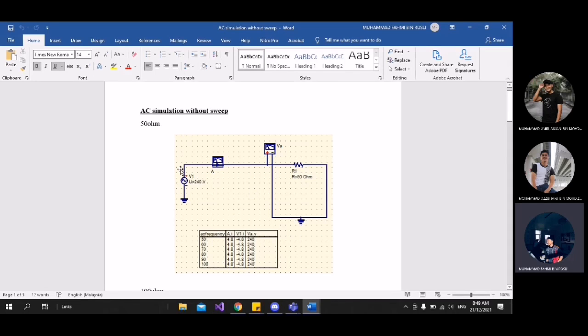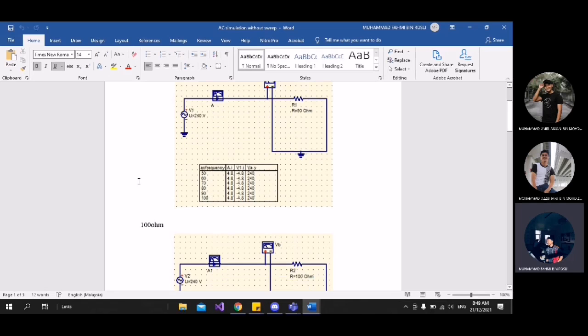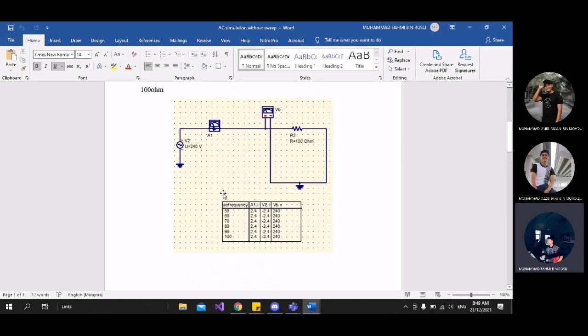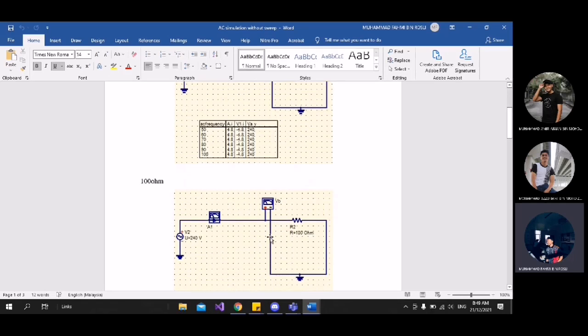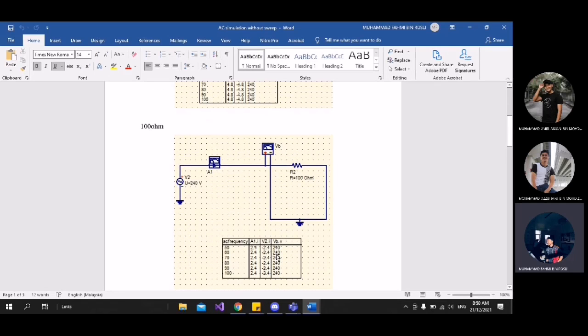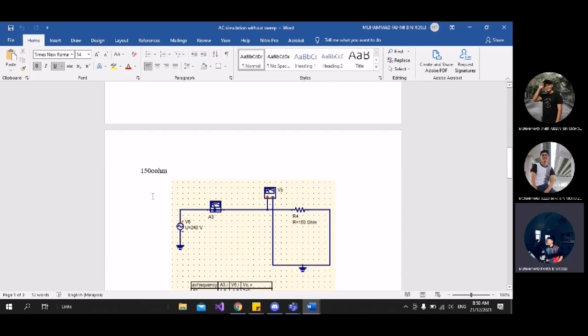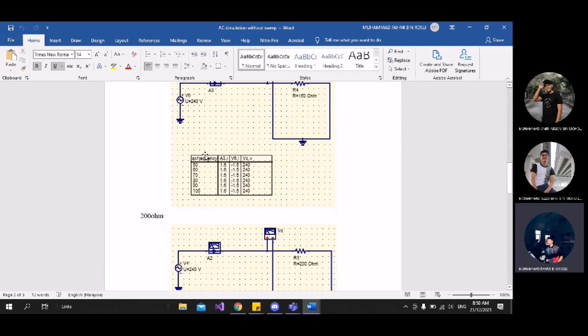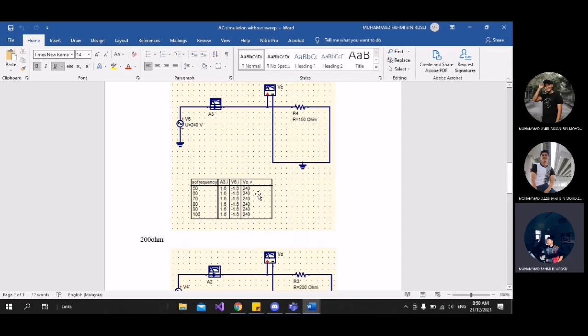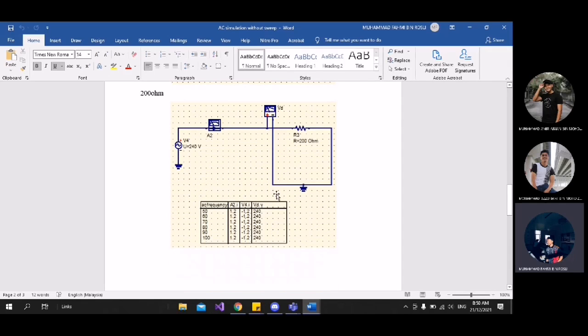For 50 ohm, we have a peak of 4.8 volts and a negative peak of negative 4.8 volts. For 100 ohm, it is similar to 50 ohm but with different voltage, which is 2.4 and negative 2.4. Similar with 150 ohm and 200 ohm, it has 1.6, negative 1.6 and 1.2 and negative 1.2.